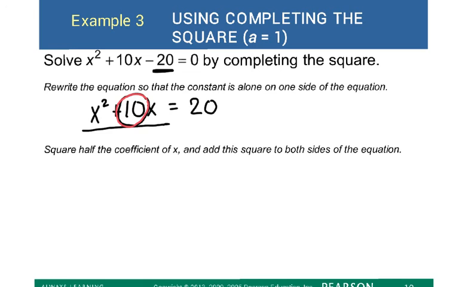That's the number we add to both sides of the equation. So half of 10 gives us 5, and then that squared gives us 25. So add 25 to both sides of our equation.